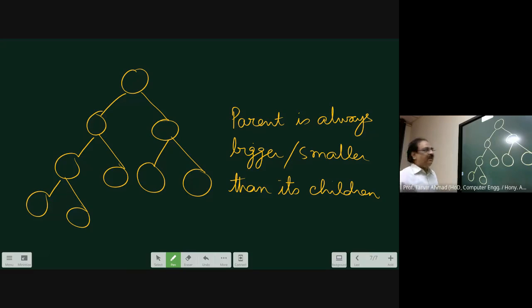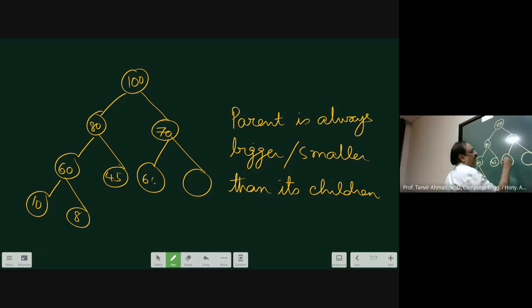If I take the bigger one, I might write 100 over here, I might write 80 over here, 70 over here, 60, 45, 10, 8, I might write 60, I might write 68.